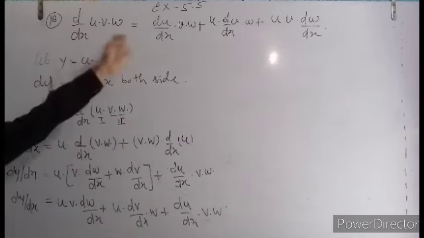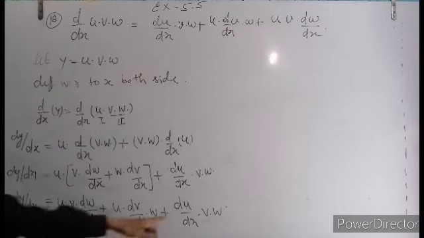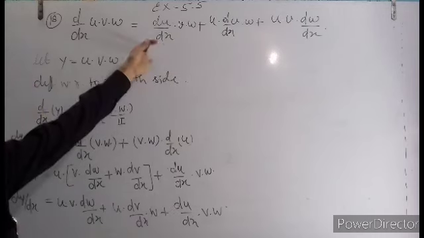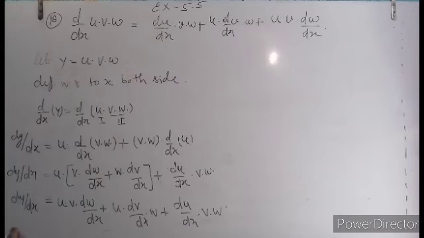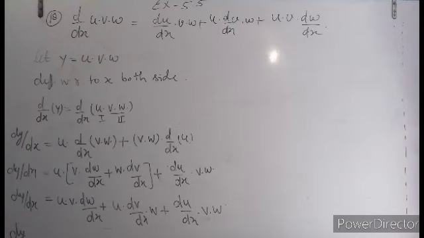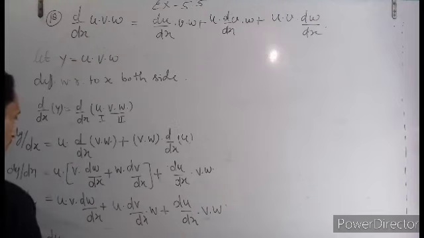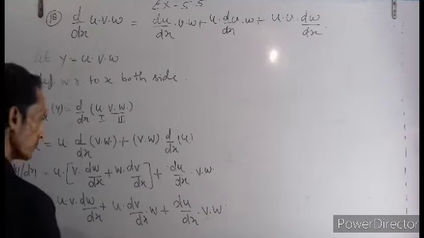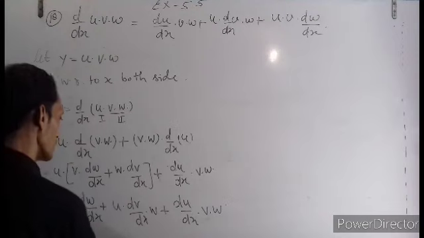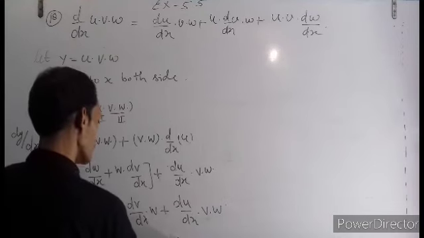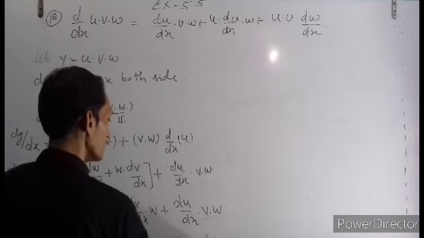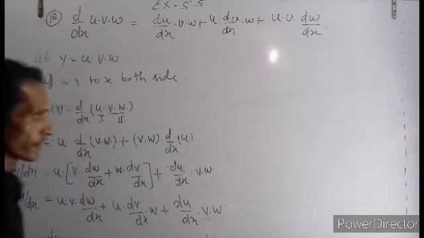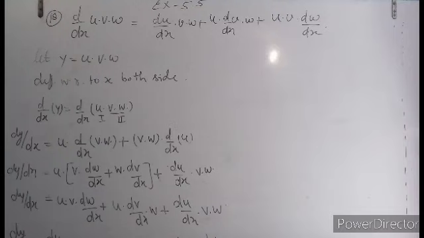You can arrange in this order. So dy by dx is equal to du by dx into v into w plus u into dv by dx into w plus u into v into dw by dx. Okay, in this way you can do.